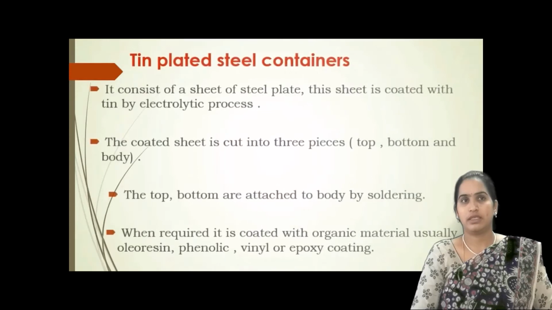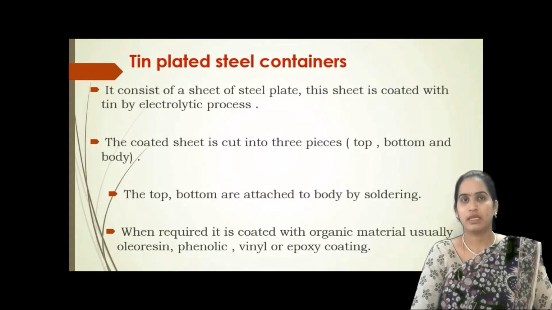Tin plated steel containers consist of a sheet of steel plate that is coated with tin by an electrolytic process. The coated sheet is then fabricated into the desired shape.